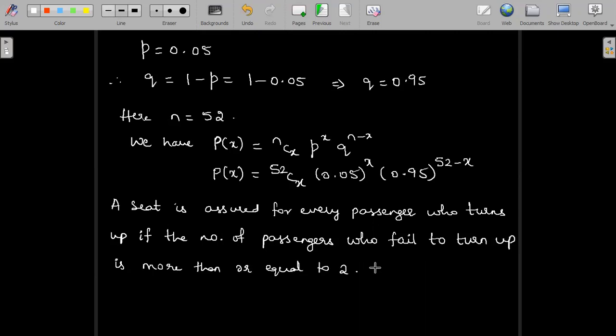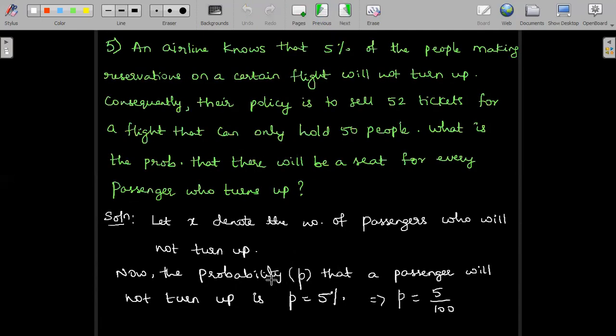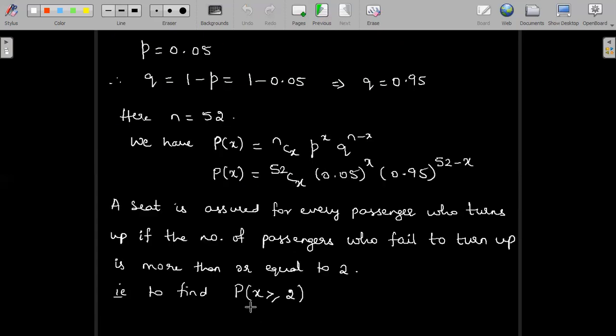If it is more than or equal to 2, that is, we have to find the probability of X greater than or equal to 2. So we have already denoted X as the number of passengers who will not turn up. So if the number of passengers who do not turn up is greater than or equal to 2, then there will be a seat for every passenger who turns up. And then we will be able to find out the probability of such a case.